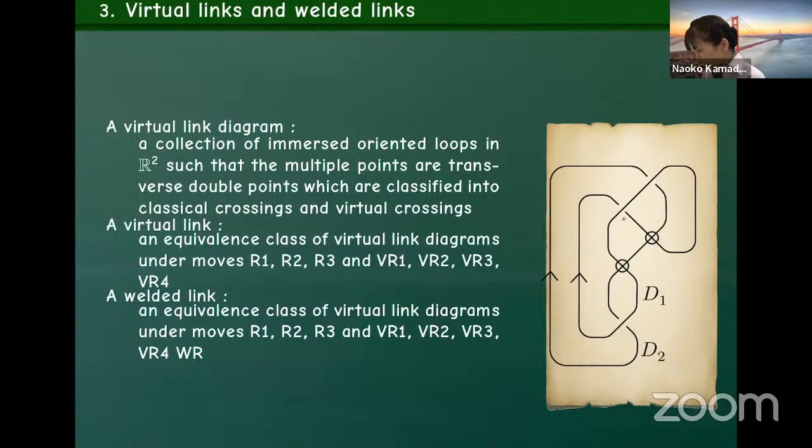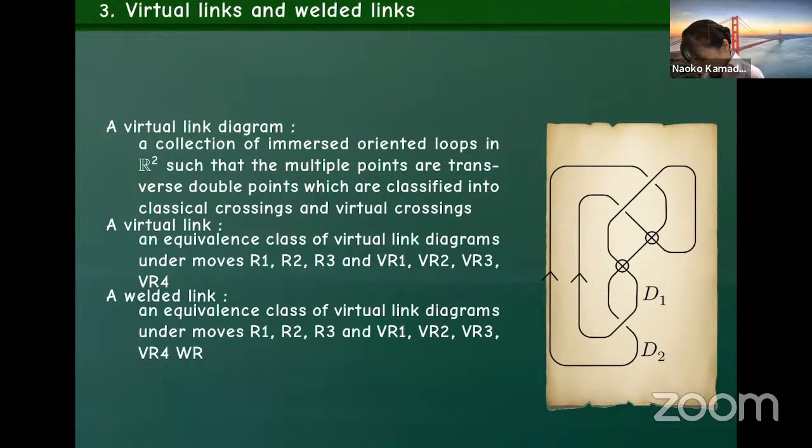This is an example of a classical crossing and a virtual crossing. A virtual link is an equivalence class of virtual link diagrams under moves R1, R2, R3, which we will explain later, and VR1, VR2, VR3, VR4.